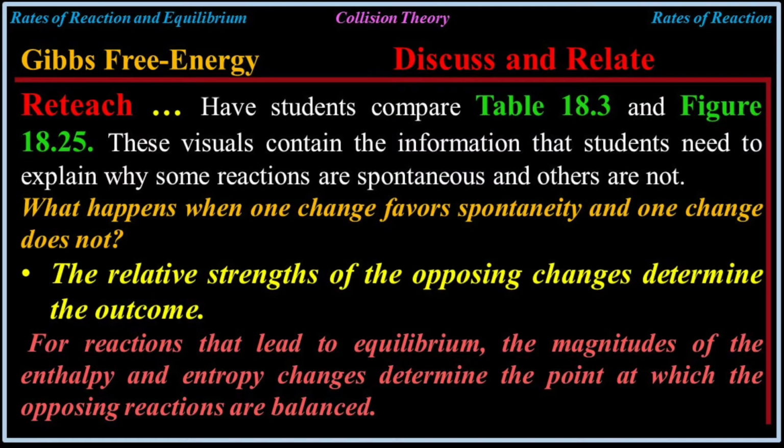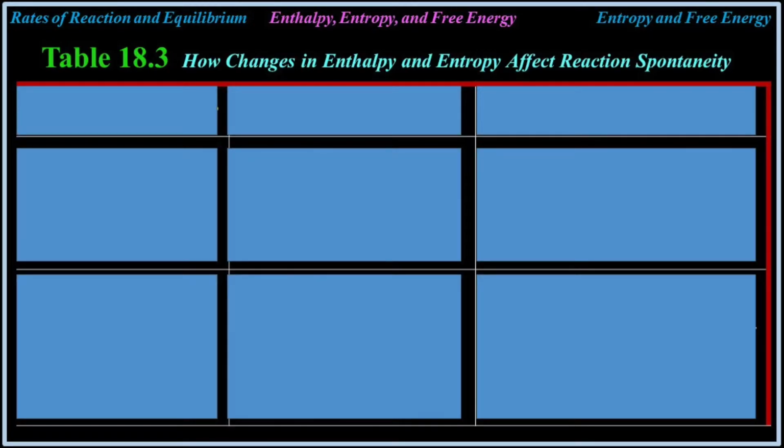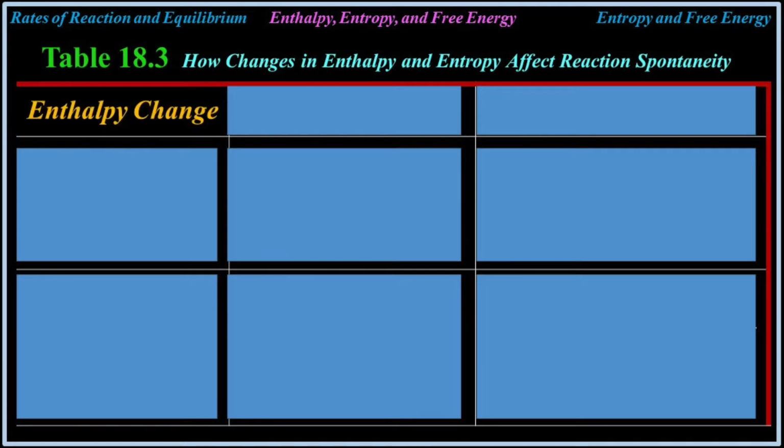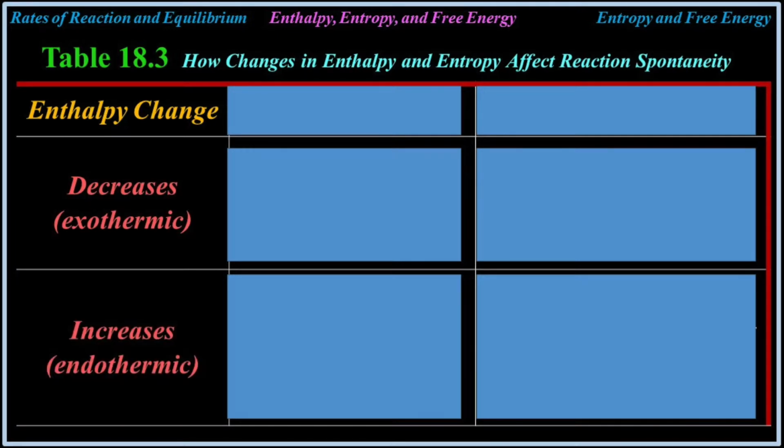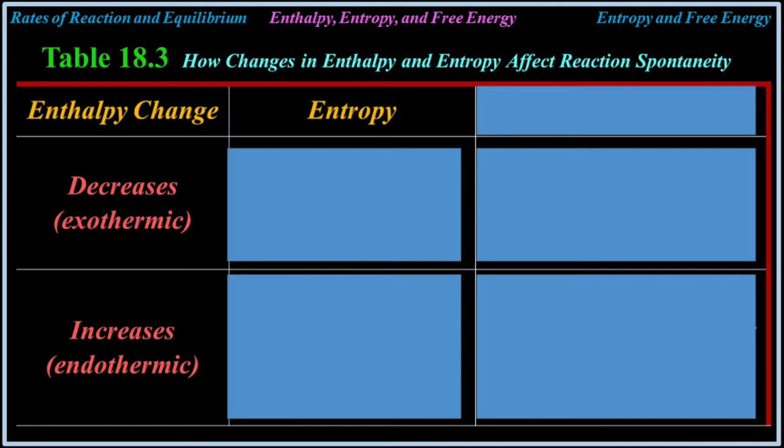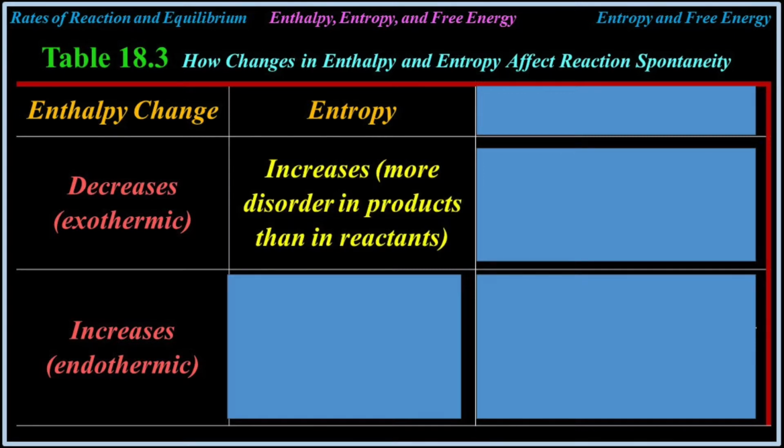For reactions that lead to equilibrium, the magnitudes of the enthalpy and entropy changes determine the point at which the opposing reactions are balanced. Here is Table 18.3, how changes in enthalpy and entropy affect reaction spontaneity. It is an excellent table and summarizes all of the different conditions in one convenient table. Study it carefully and understand every single box that's uncovered.